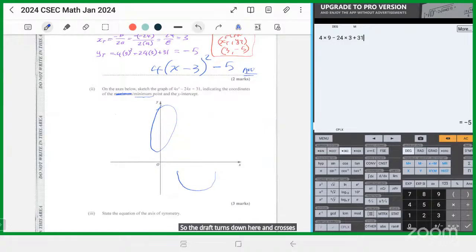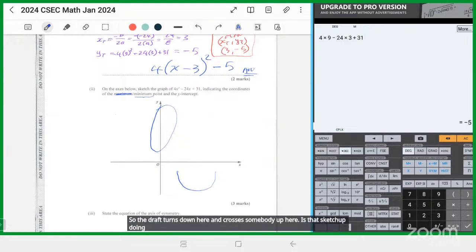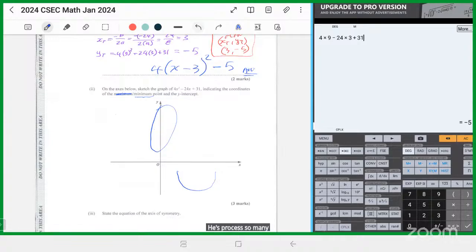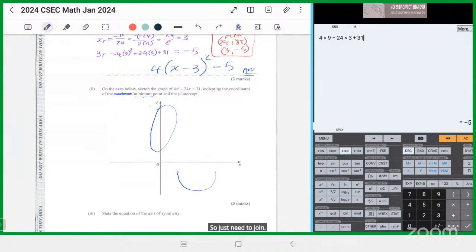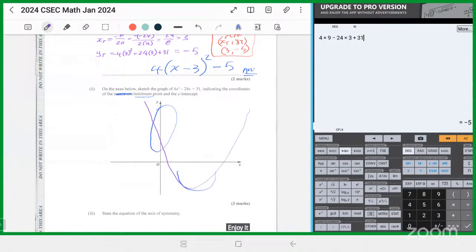It's a sketch we're doing, so it doesn't have to be accurate. It crosses somewhere up here at 31 and turns down here at 3, -5. So we'll just need to draw that sketch. Let's draw it in purple, like this. Let's draw it again. Something like that. It's not to scale.